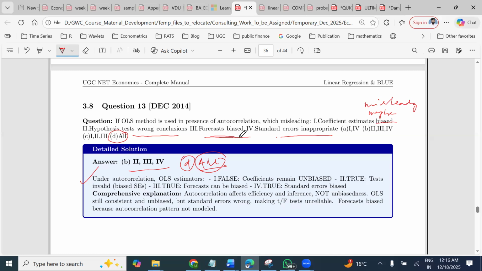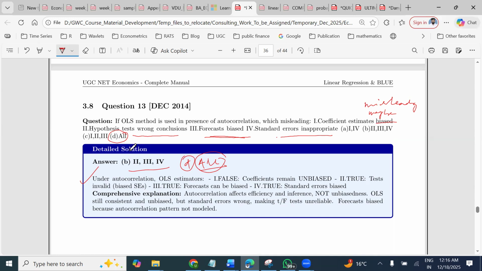Third, forecast bias: forecast made from the model could be biased. Standard error may be inappropriate. That is fine. So then the answer will be all of the above, right?